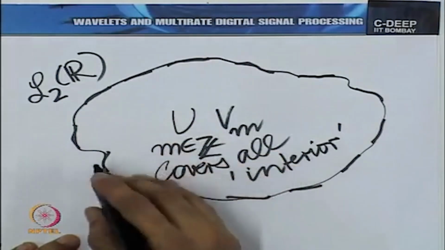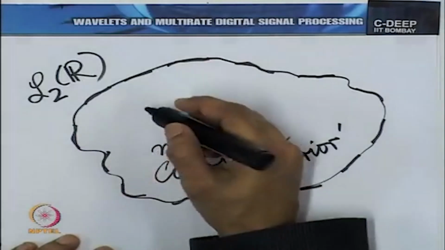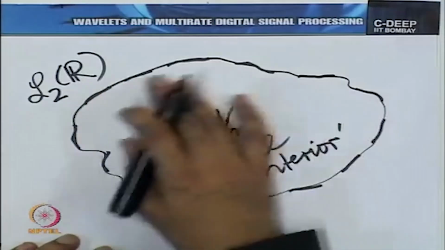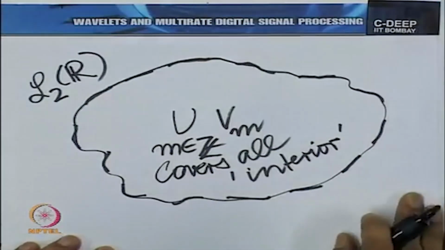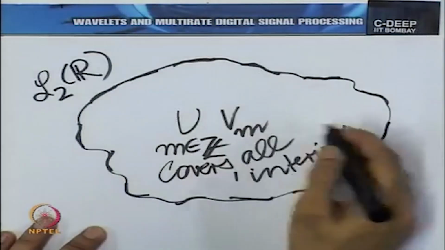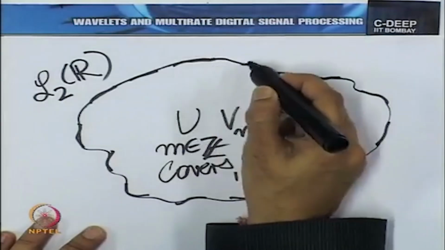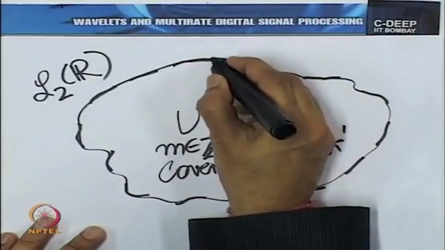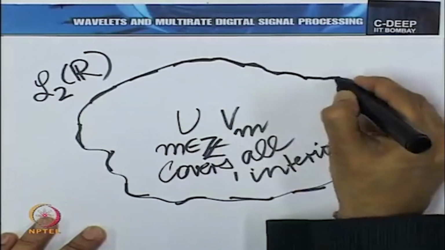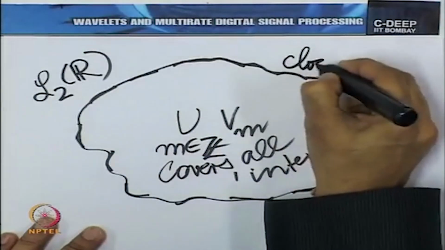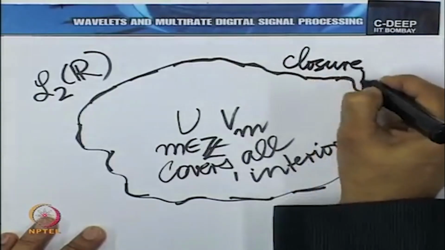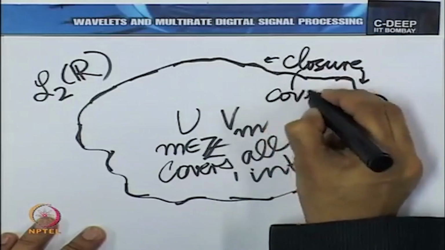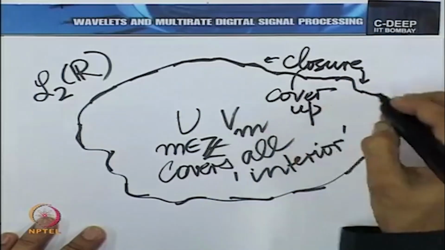But what we are saying is, as far as this union goes, it can take you almost all over L2(R), it covers all the interior. It may also cover quite a sizable part of the boundary, but it might leave some patches of the boundary untouched, and therefore, when we do a closure, we are covering up those patches. So, closure means cover up boundary patches.